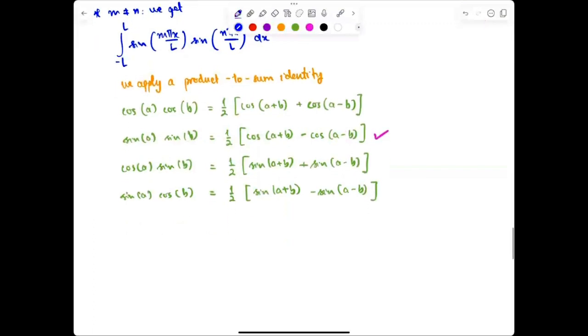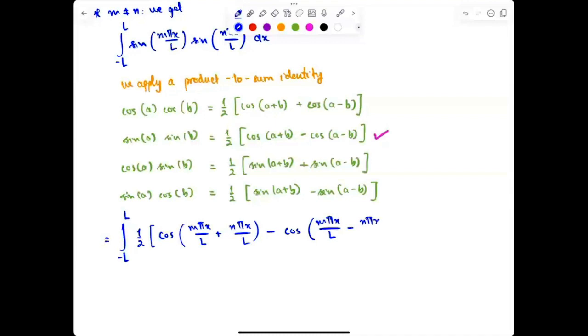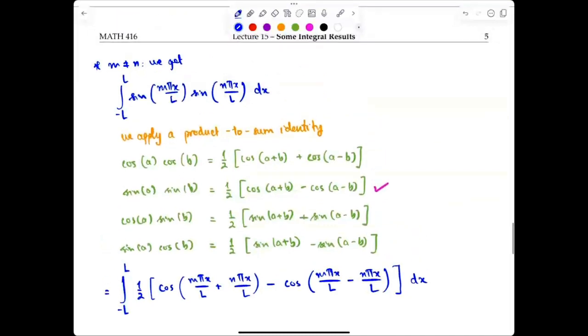So we rewrite the integrand as the integral from negative L to L of 1/2 times cosine of A plus B, that is, m pi x over L plus n pi x over L, minus cosine of m pi x over L minus n pi x over L, dx. So starting with a product of two sines, you apply a product-to-sum identity, and you arrive at a difference of two cosines.